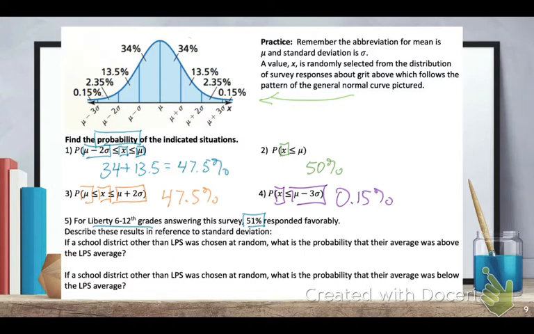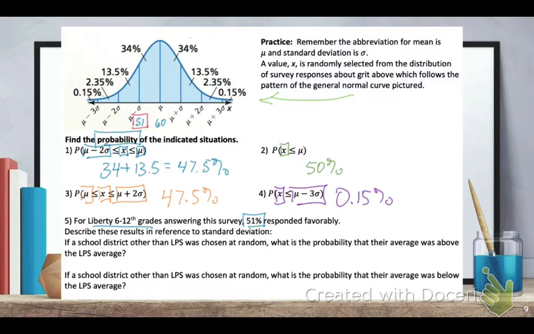So if we refer back to that grit curve, we remember that 60 was our mean and 9 was our standard deviation. So if we step down 9, we're at 51. So 1 standard deviation below the mean is where Liberty's average is.